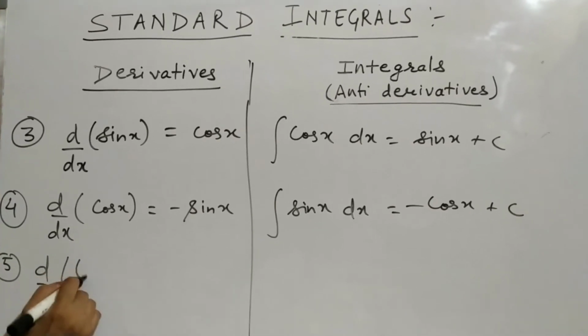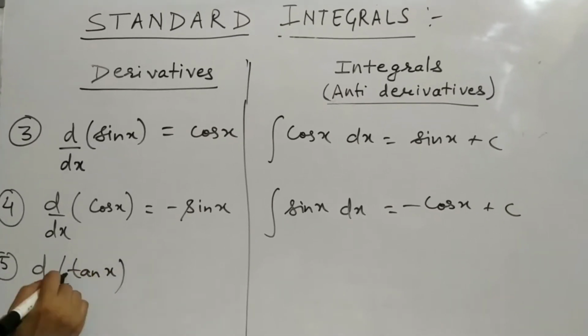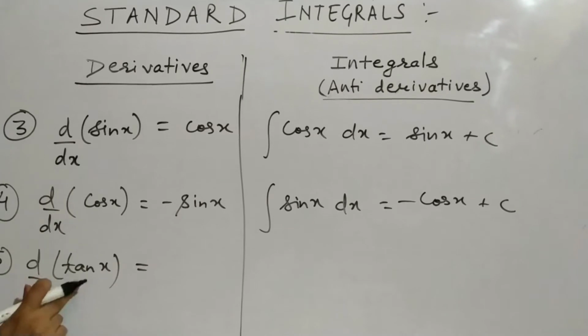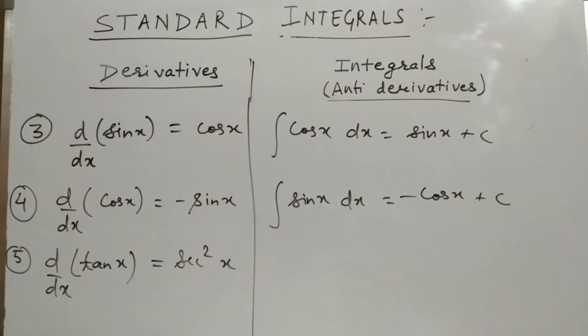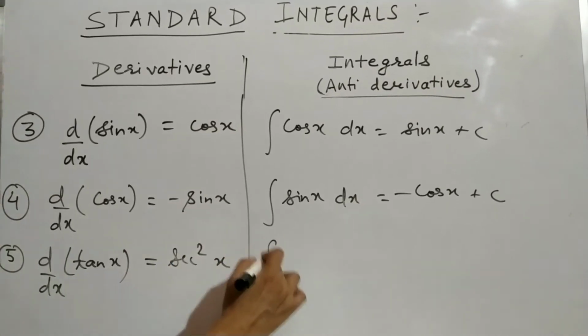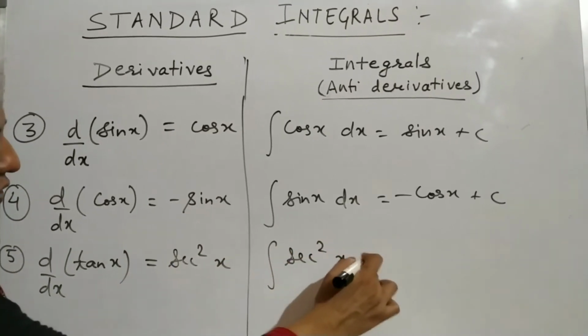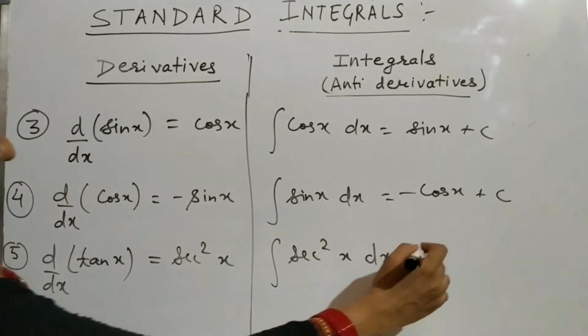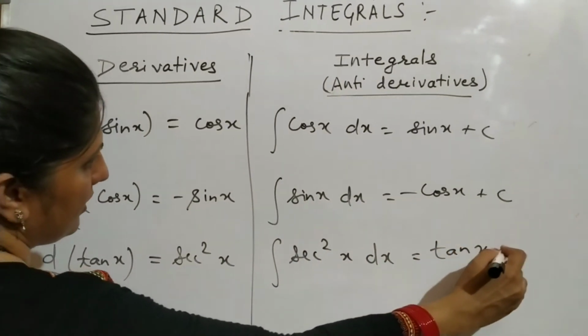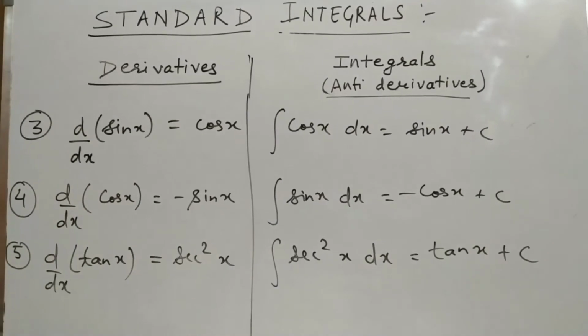Derivative of tangent x with respect to x is equal to secant square x. That implies the integration of secant square x is equal to tangent x plus c.